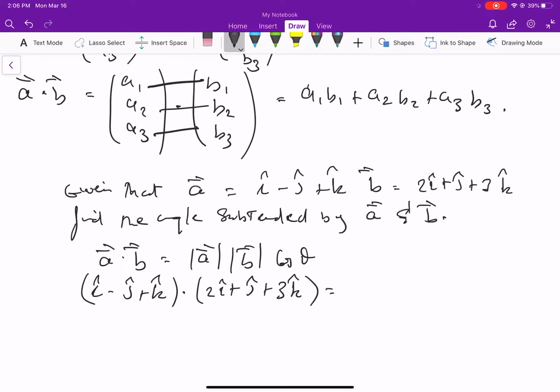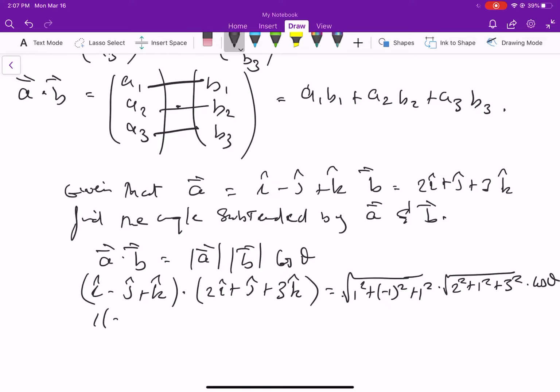Well, remember how you find the modulus of a three-dimensional vector? It's the square root of the square of the I, j, and k coefficients. So that would be the square root of 1 squared plus negative 1 squared plus 1 squared, times the square root of 2 squared plus 1 squared plus 3 squared, times cos theta. If we dot on the left, remember how we do that? You multiply the coefficients. The results are above there.